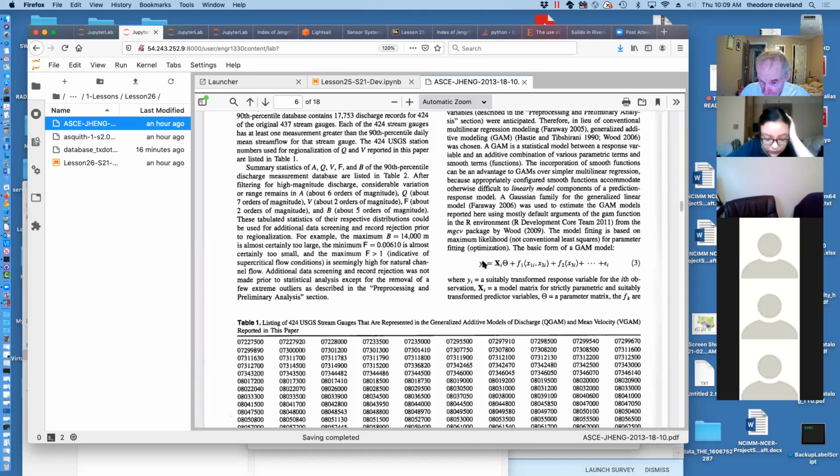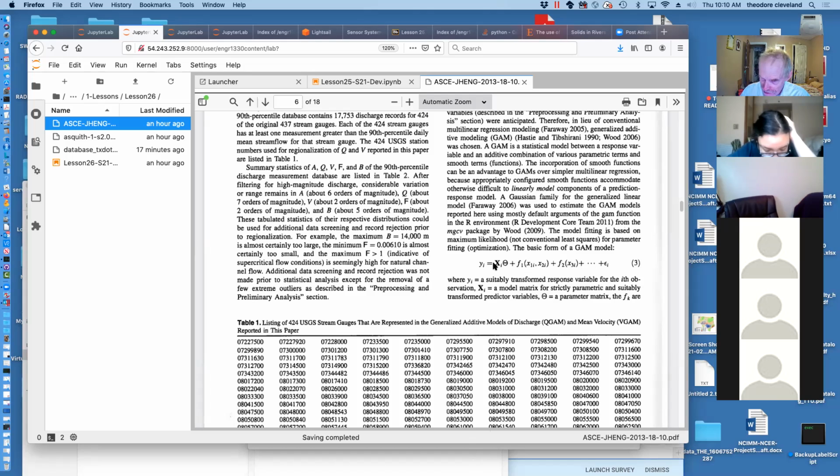We have what we're trying to predict, our response. We have a whole different set of observations, and we have cap X, which is called a design matrix. In our linear models, our cap X matrix usually was a column of ones and then a column of the x's.